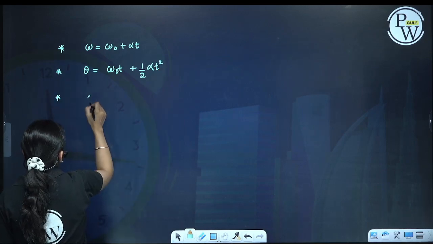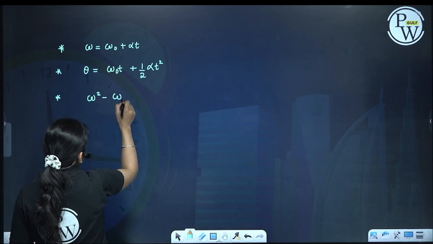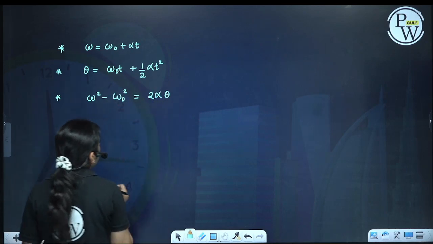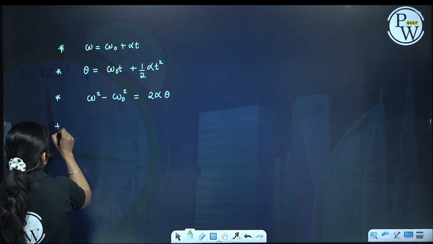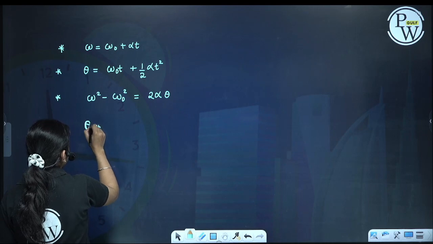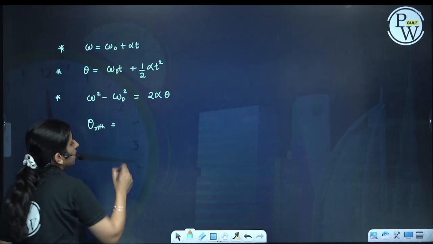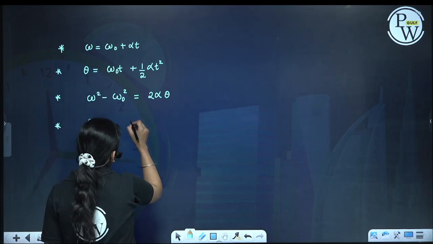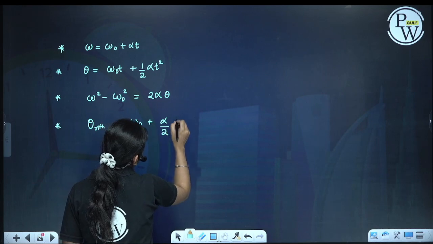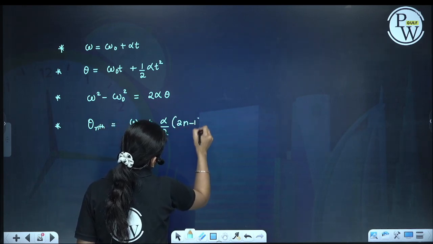Similarly, third equation is omega square minus omega naught square is equal to 2 alpha theta, and theta nth, angular displacement in the nth second, is equal to omega naught plus alpha by 2 into 2n minus 1.